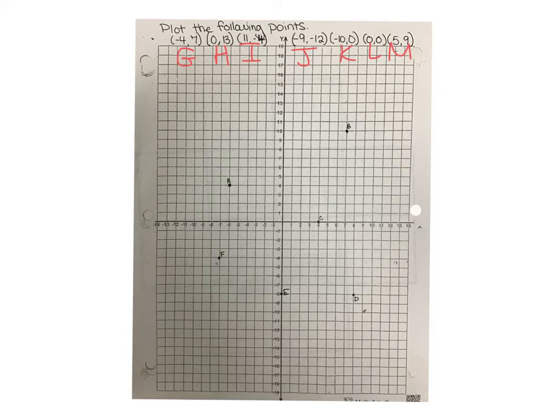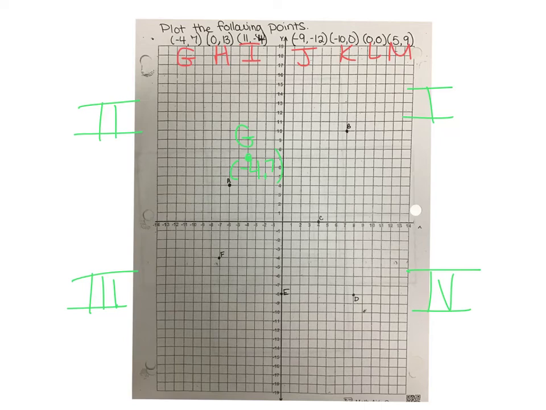So -4 is going to go to the left and then +7. So it's going to end up in quadrant 2. So G is going to be -4, +7. We're going to label that G, -4, 7.